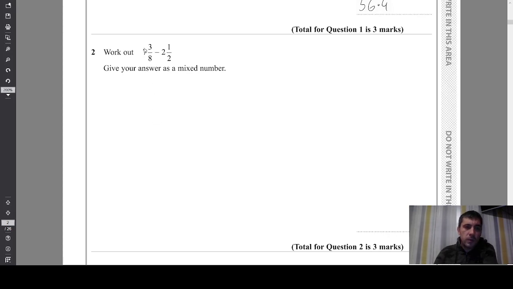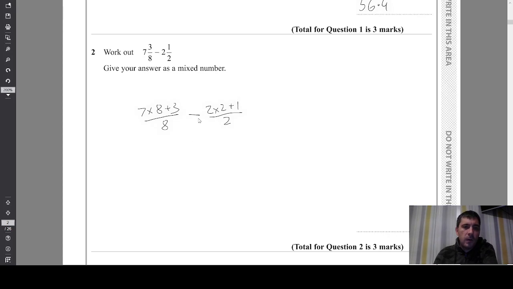When dealing with mixed numbers, I would advise changing them into improper fractions. So just do 7 times 8 plus 3 over 8, and take away 2 times 2 plus 1 over 2.